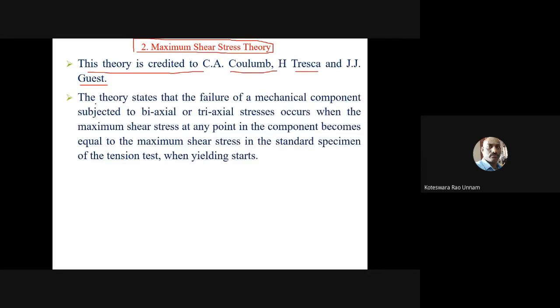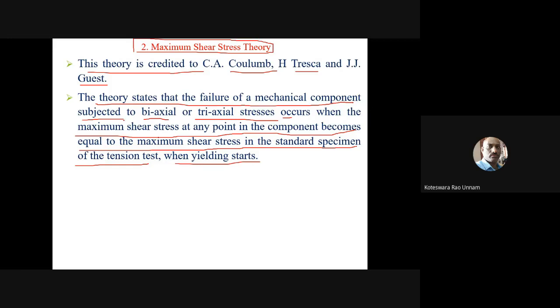This theory states that the failure of mechanical components subjected to either biaxial or triaxial stresses occurs when the maximum shear stress at any point in the component becomes equal to the maximum shear stress in the standard specimen of tension test when yielding starts. Like what we discussed in the previous slides, we need to relate the state of stress because of complex loading to the results of the tension test.